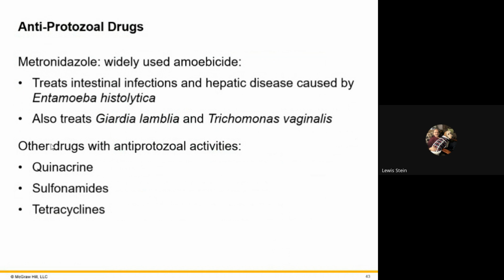It only works on organisms, be they bacteria or protozoans, that operate anaerobically. Interestingly enough, when you hear about contaminated well water, that's amoebic dysentery or giardiasis, also with this as the drug of choice.